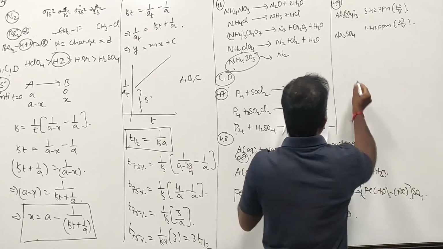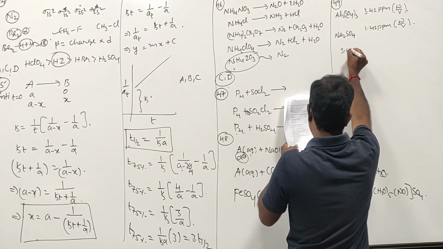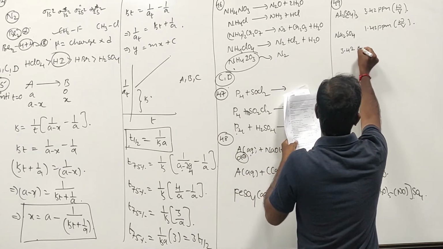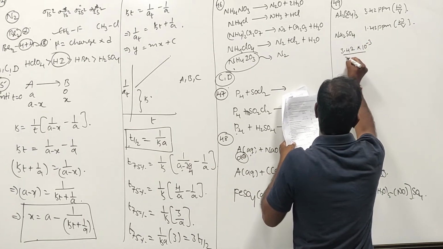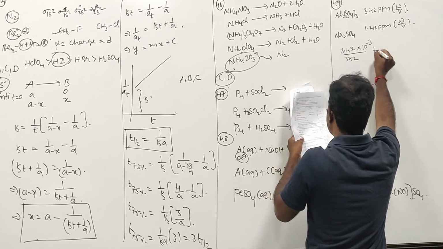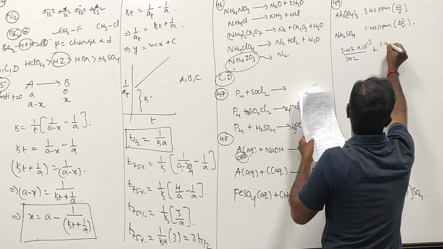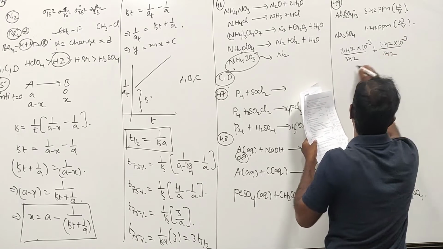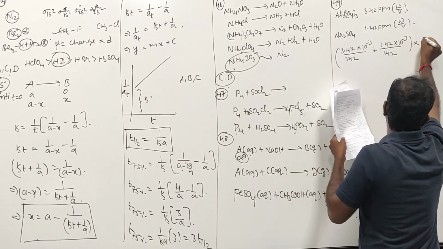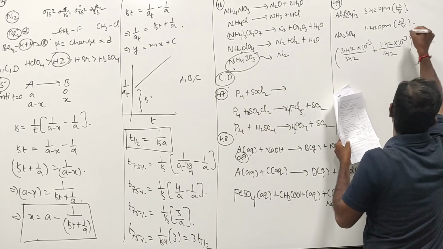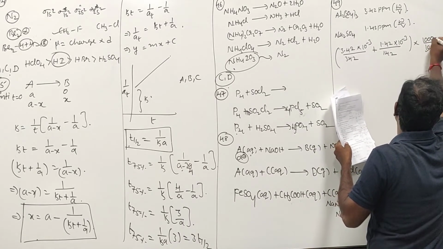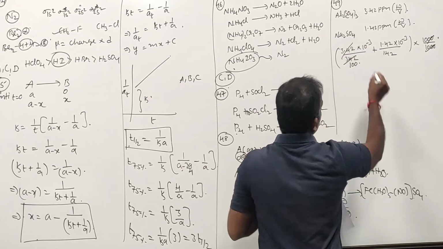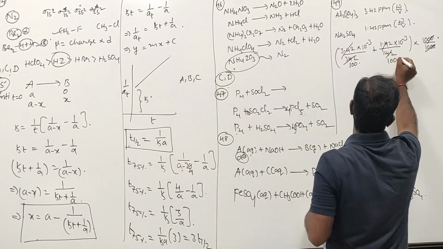Now let us calculate. 3.42 into 10 power minus 3 divided by 342 plus 1.42 into 10 power minus 3 divided by 142, into 1000 divided by, for how much we have taken, 1000. So it gets cancelled. 3.42 how many times? 100. 1.42 how many times? 100 times.